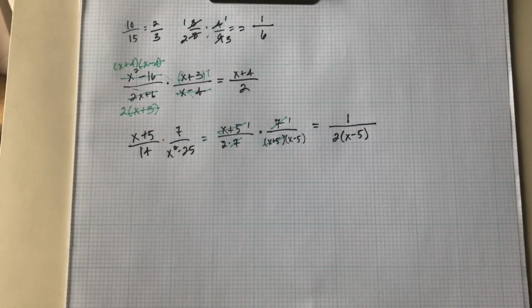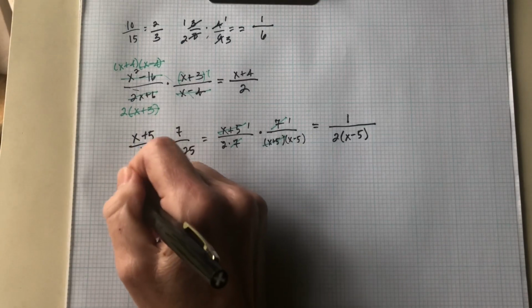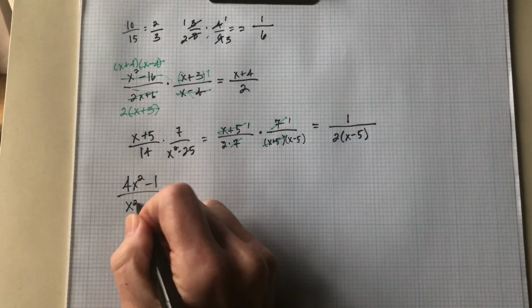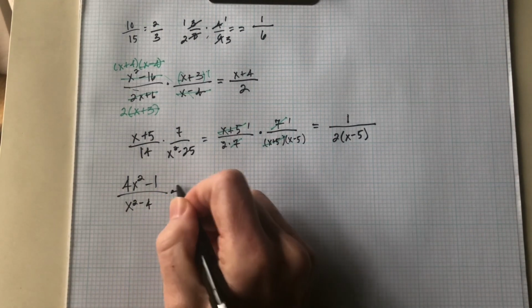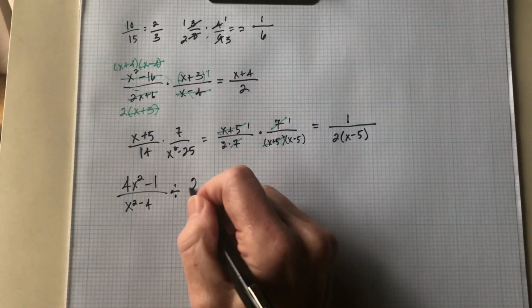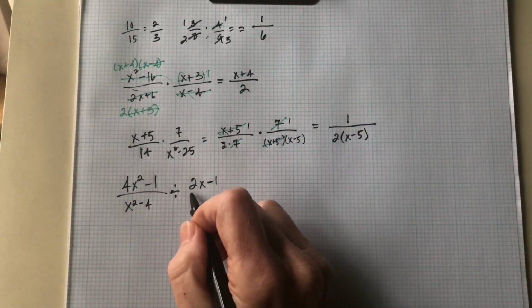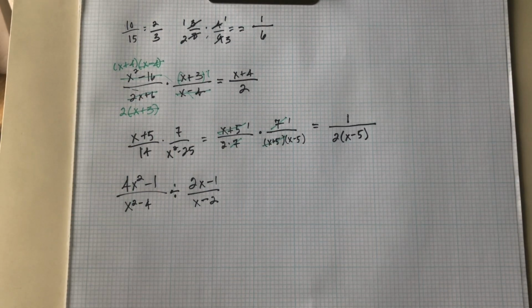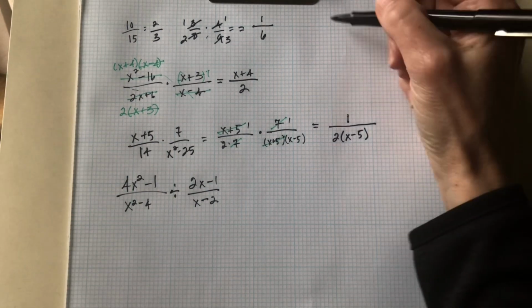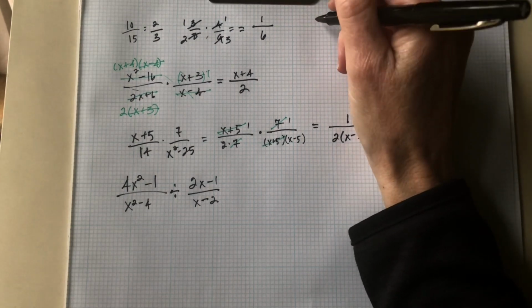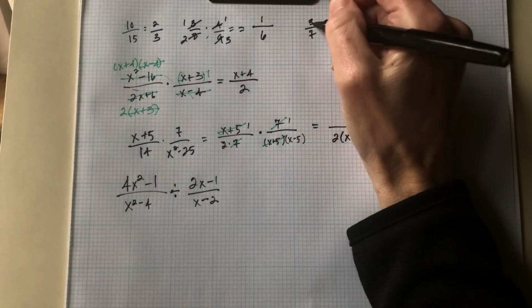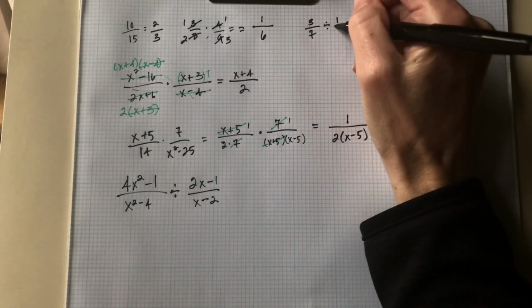All right, now let's look at a division problem. So 4x squared minus 1 over x squared minus 4 divided by 2x minus 1 over x minus 2. All right, so recall, going back to the fraction idea again, let's say we have 3 over 7 divided by 1 over 5.